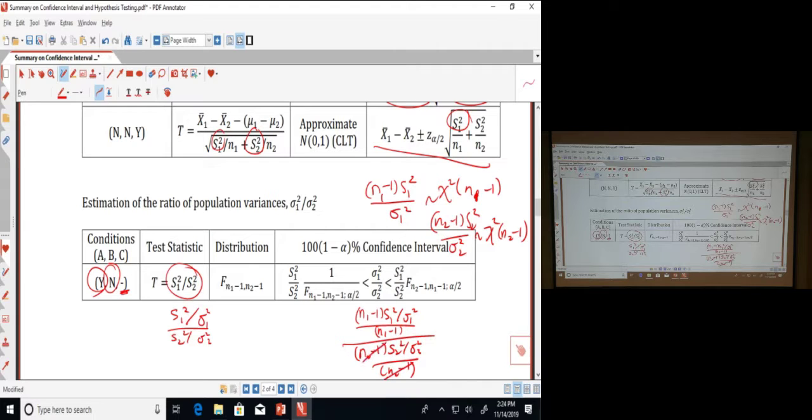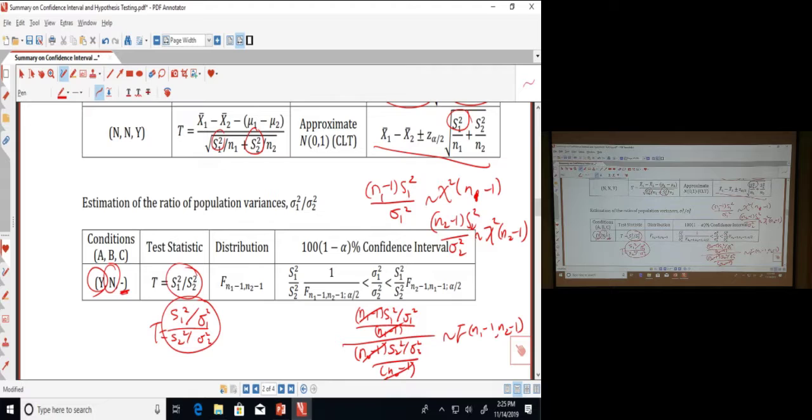So this cancels out, and therefore it follows an F distribution. This is the test statistic. Okay, my mistakes.